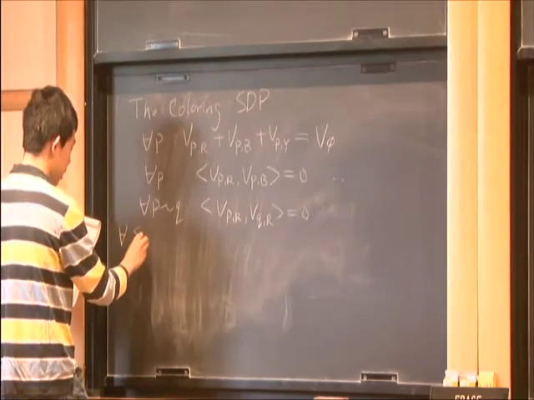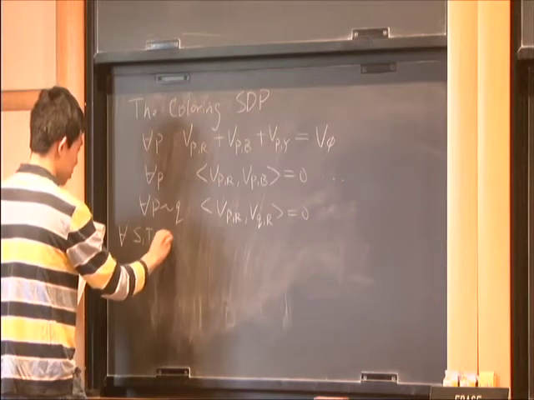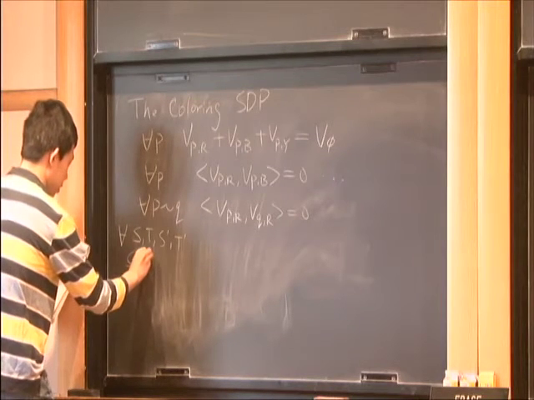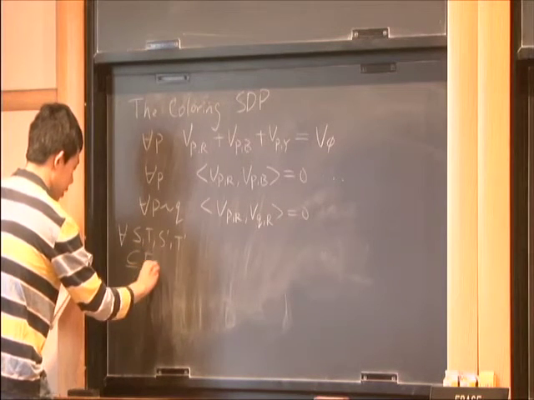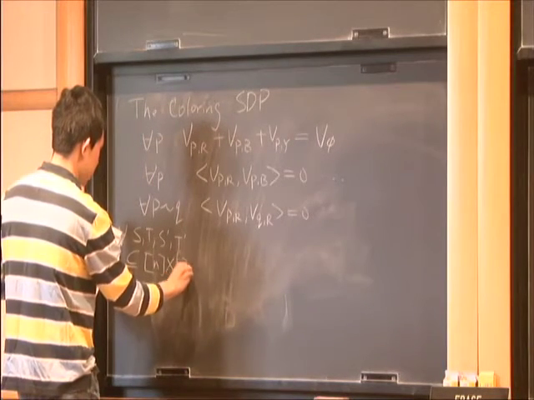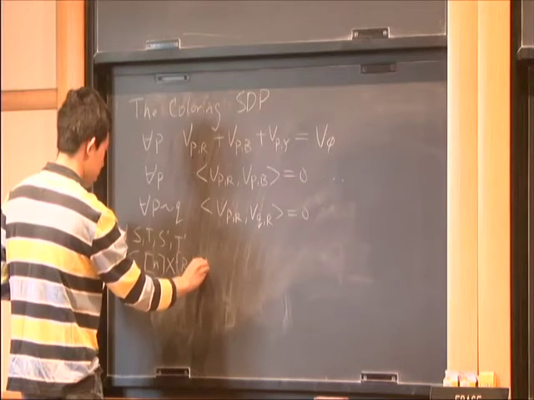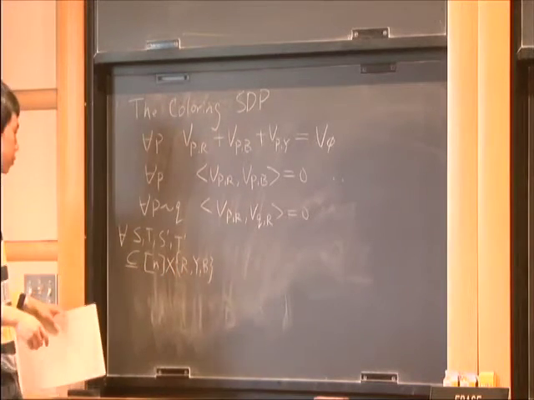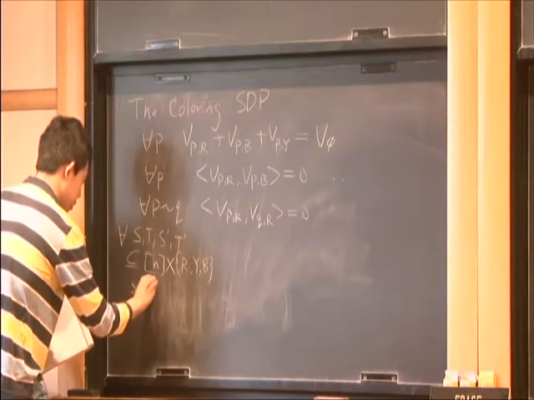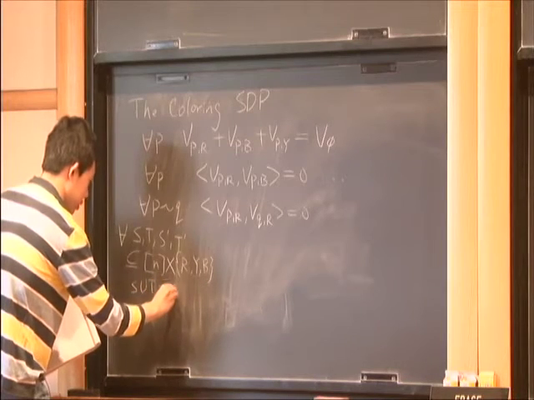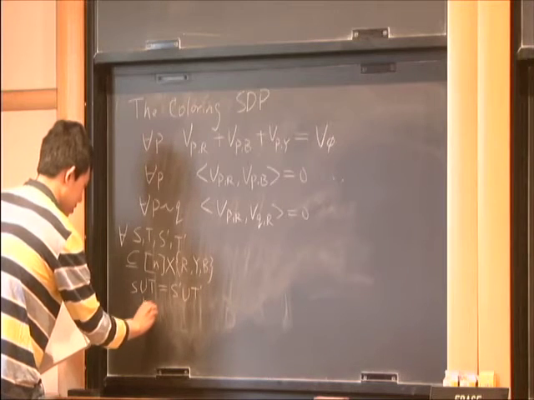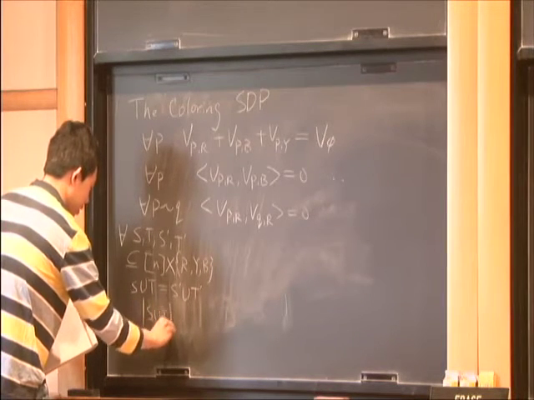So for every S, T, S prime, T prime, they are all subsets of n times red, yellow, blue, and the union of S and T is the same as the union of S prime and T prime, and the union has size at most k.